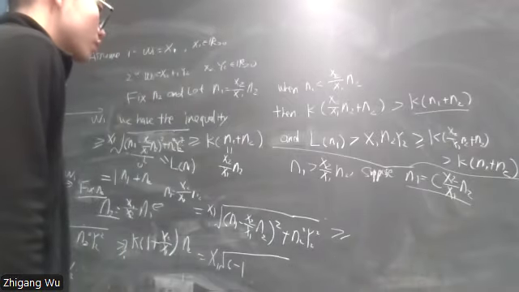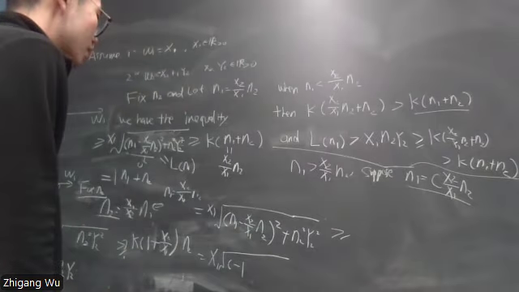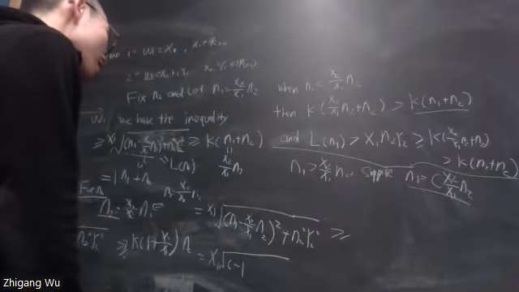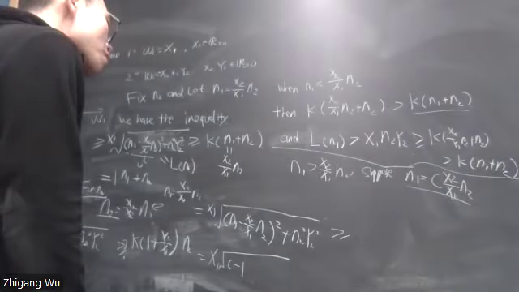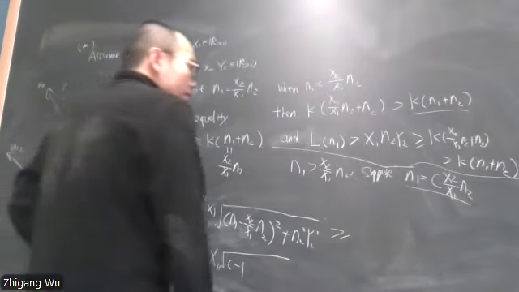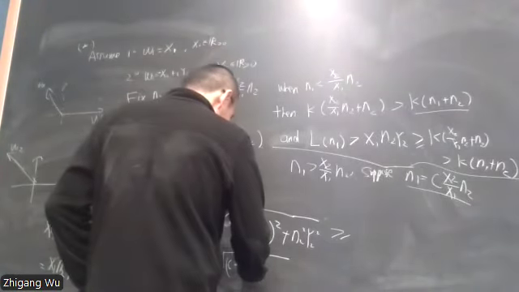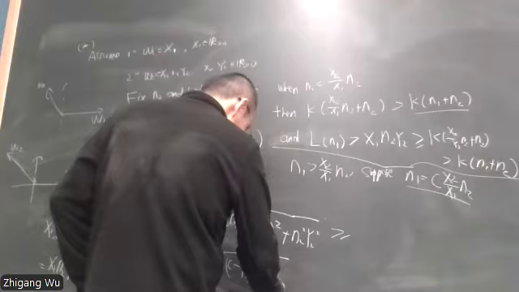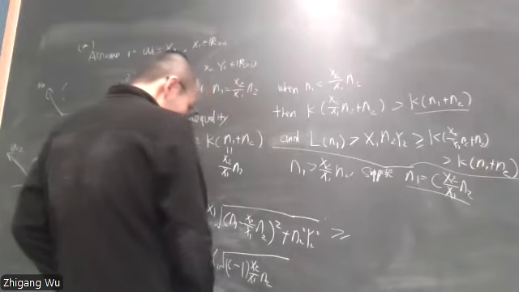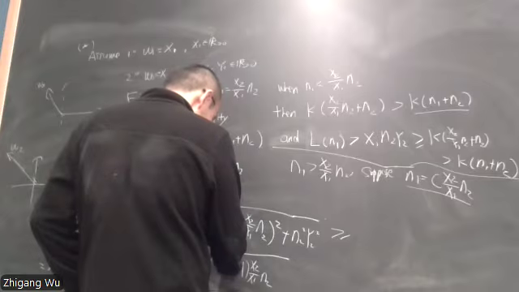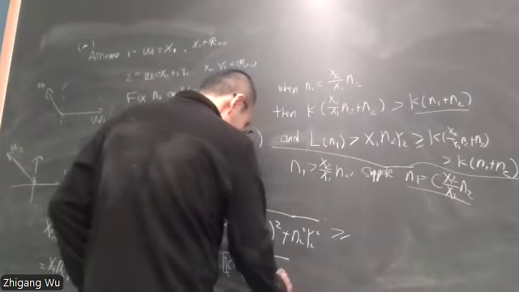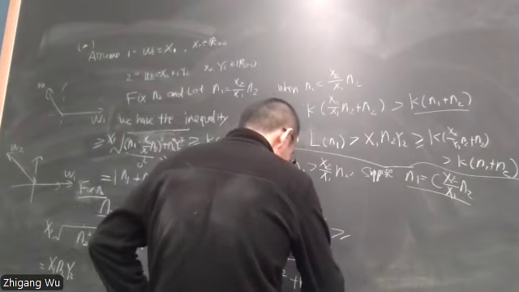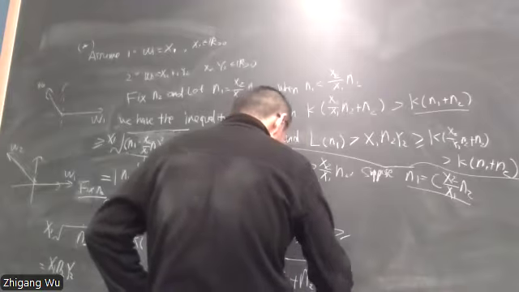So we instead choose N1 equal to C times that over X1 of N2, and then the whole thing squared, and then plus N2 squared, Y2 squared.